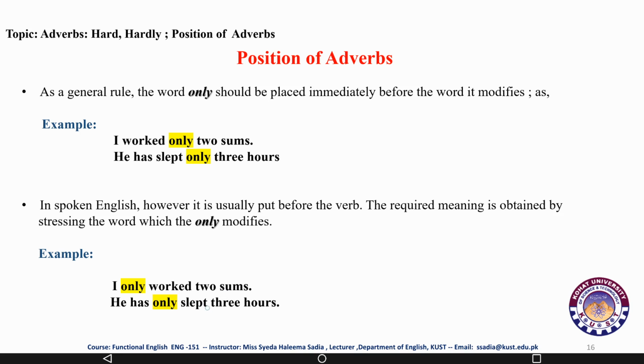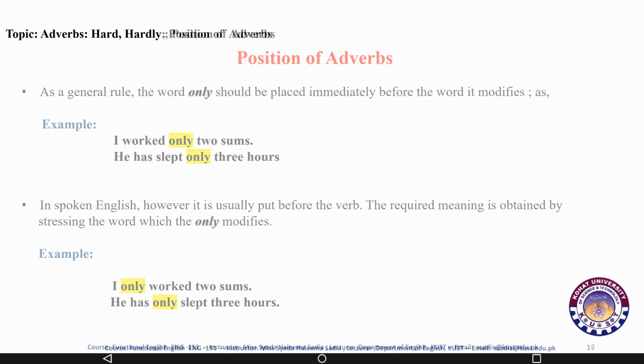And he has only slept 3 hours. So slept and 3 hours, everything after the word only is stressed. It's actually intensifying the meaning that he has barely slept.